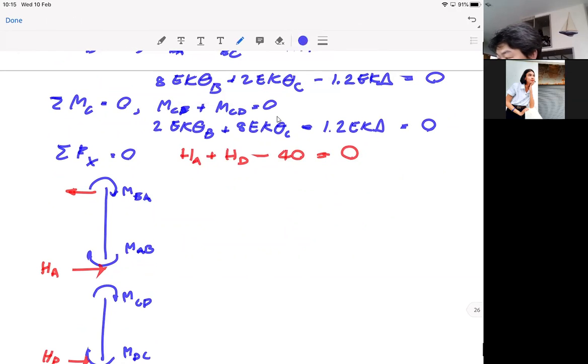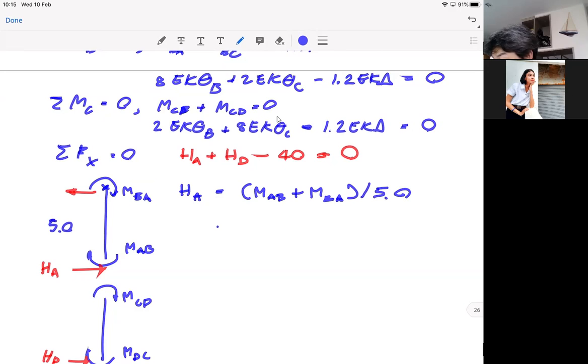To obtain HA, you need to take the moment here, right? So your HA is in fact equals MAB plus MBA divided by 5, because your member is 5 meters long.